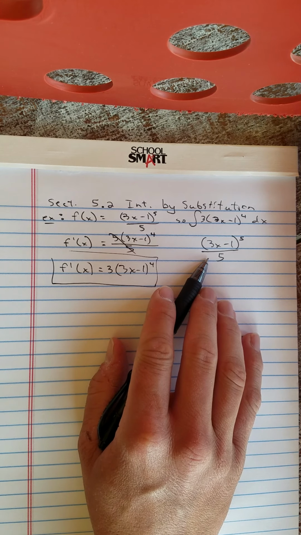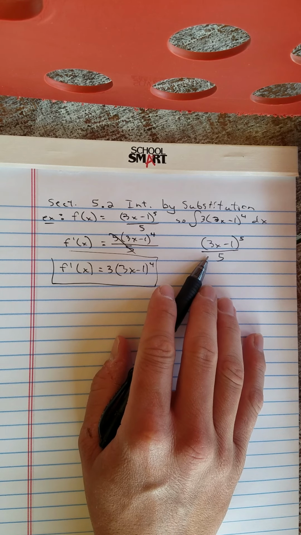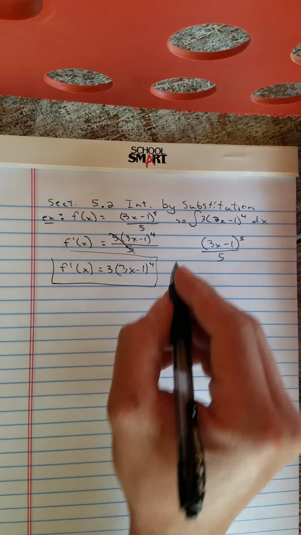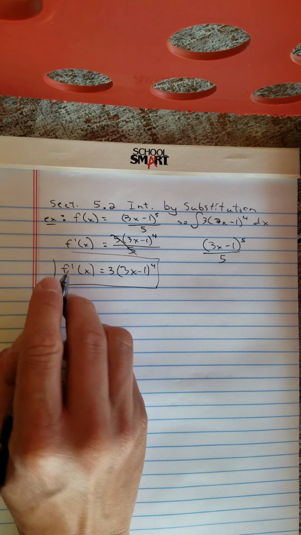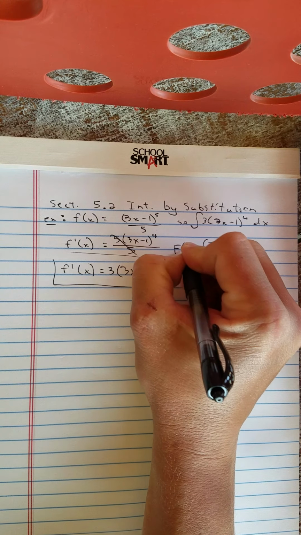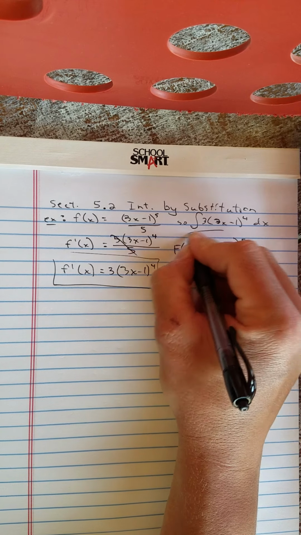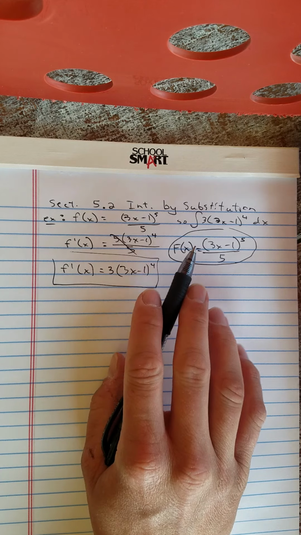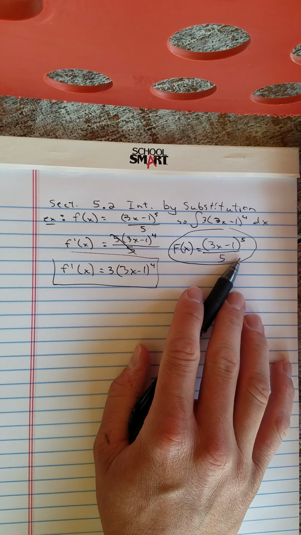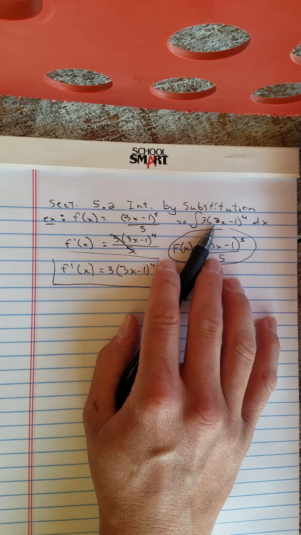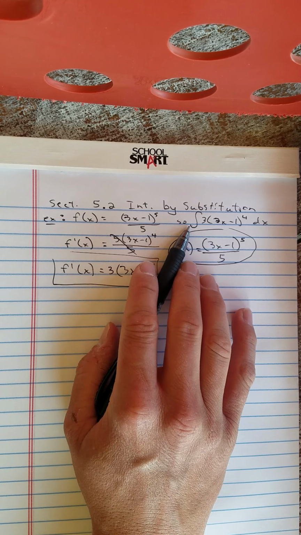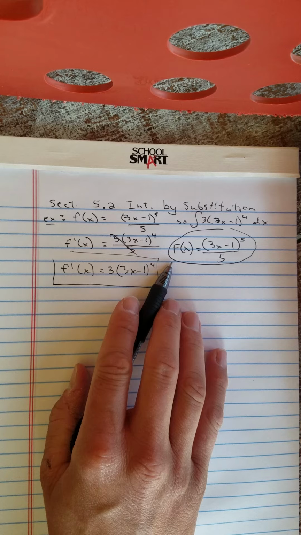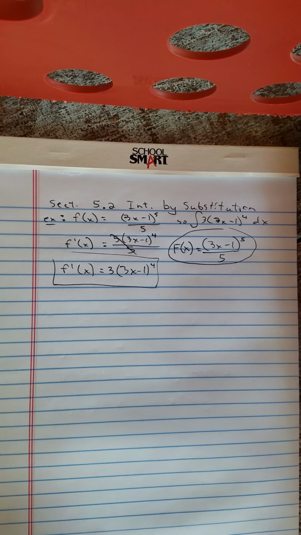When you're showing me that you have now found the original function by doing the antiderivative, instead of writing a little prime mark here, we write a capital F of x equals 3x minus 1 to the 5th over 5. This means this is the original function. This is the antiderivative of something, okay? So instead of finding the derivative of that, we found the antiderivative. We denote antiderivatives with the capital F of x, okay?